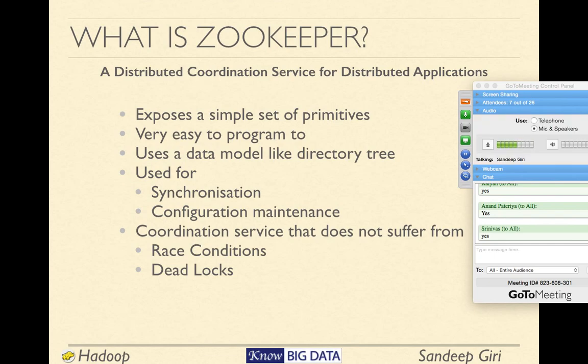The coordination between name node and backup name node happens through Zookeeper. In case the name node shuts down, the backup name node takes its place, and this switching happens via Zookeeper. And there are multiple other services we will talk about which use Zookeeper.